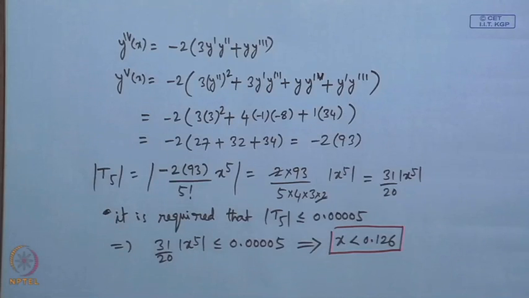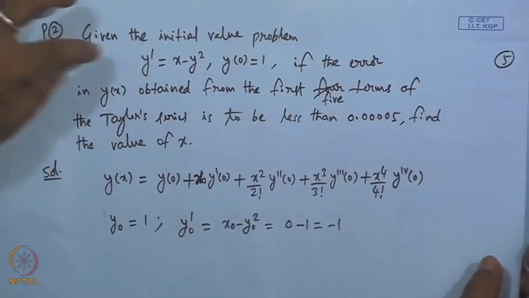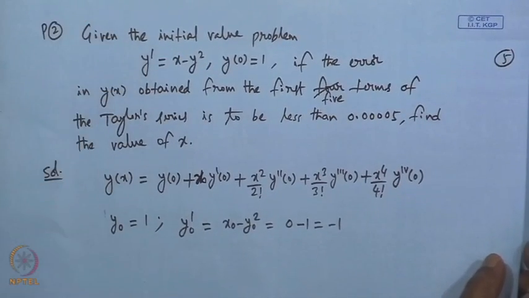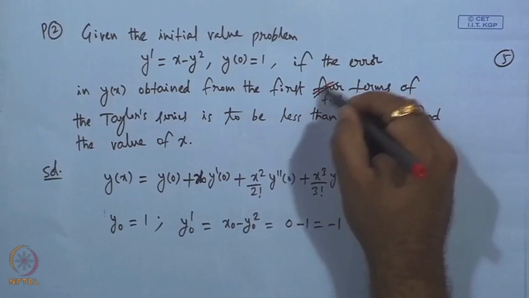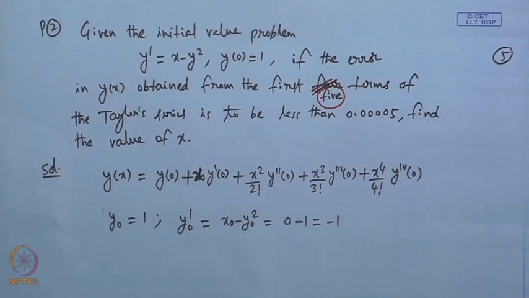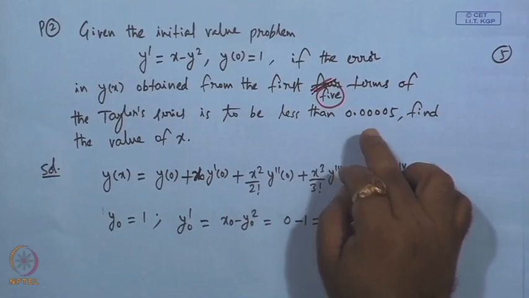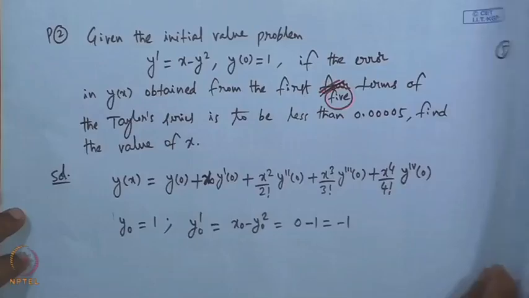So, let us try to understand what we have done. We have a given initial value problem. If the first 5 terms of the Taylor series are used, and if the error on using the first 5 terms is to be less than this, find the range of x.